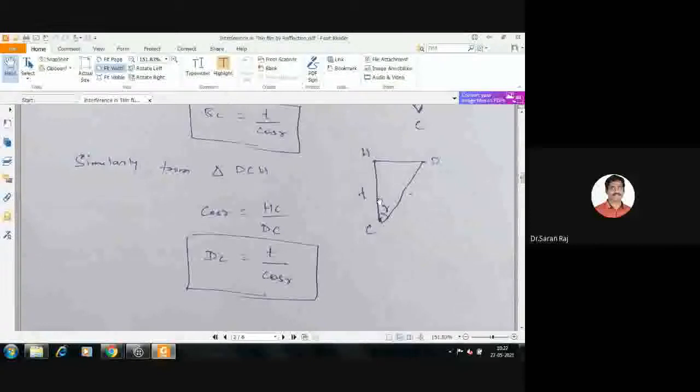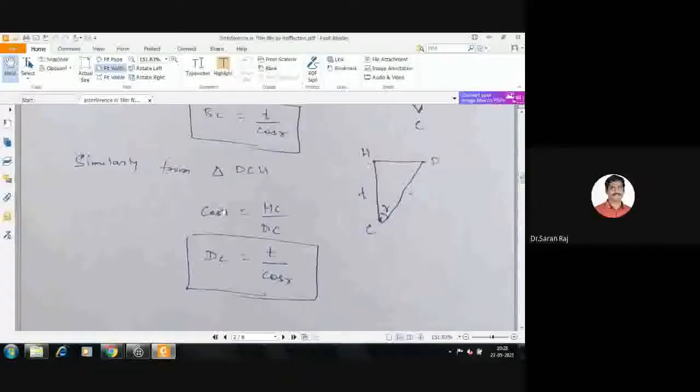In this triangle, the HC side value you know, but the HD value and the DC or CD value we don't know. So now we can calculate the CD value. Similarly we are taking the triangle DCH. How to calculate the DC value? With the help of the trigonometric formula we can determine the DC value.